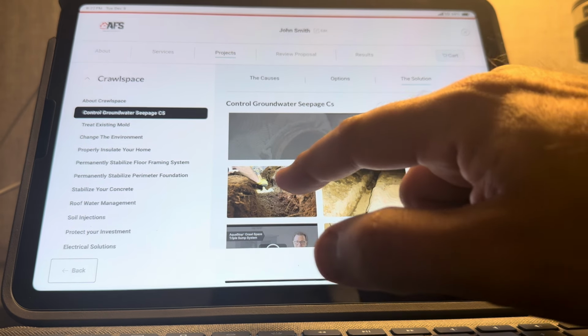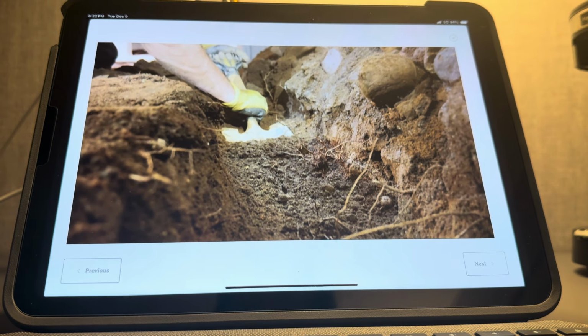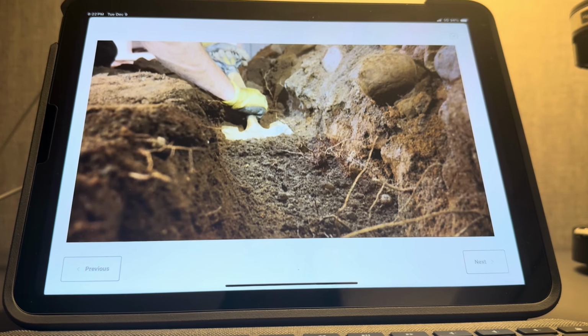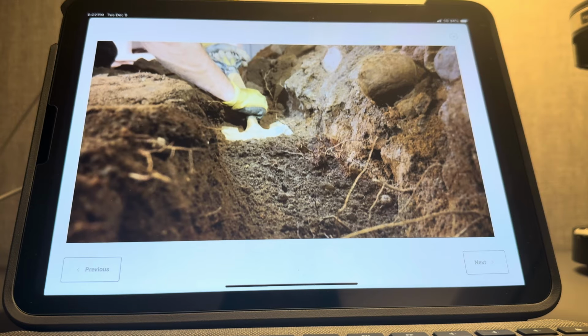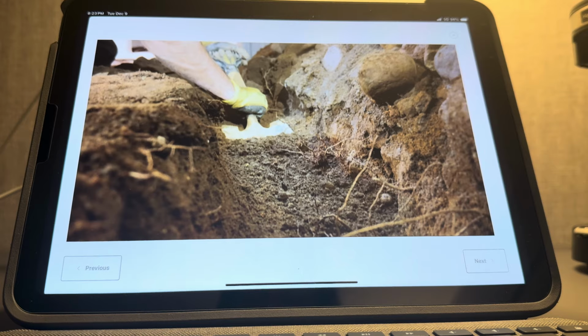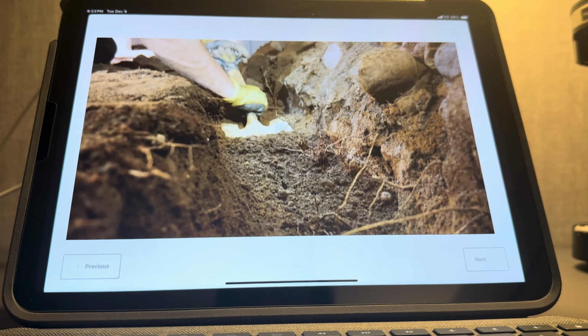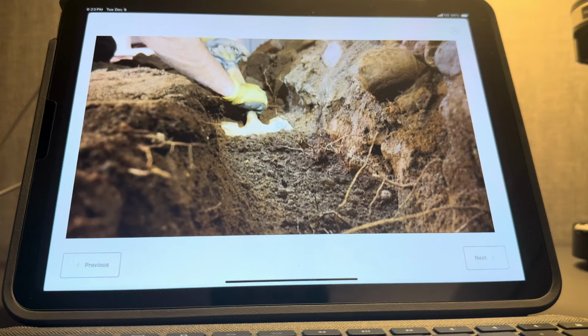All right, just to clear any gaps and walk through what that video laid out, the first step in our solution at Groundworks is we're going to come into your crawl space and hand dig an 8 to 12 inch trench for our EasyDrain system.